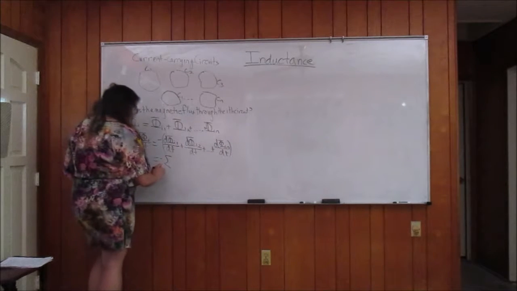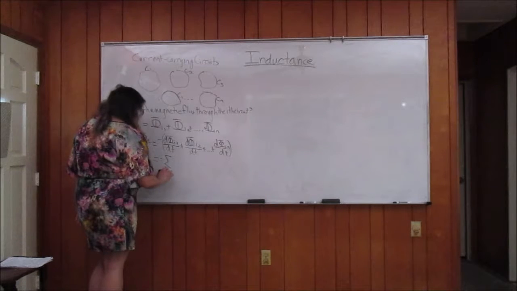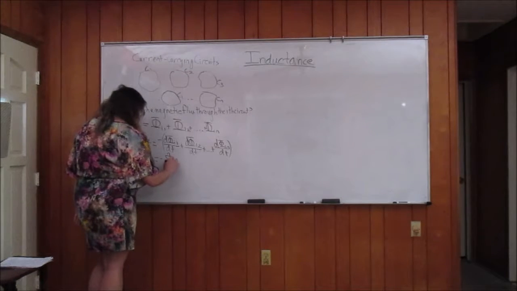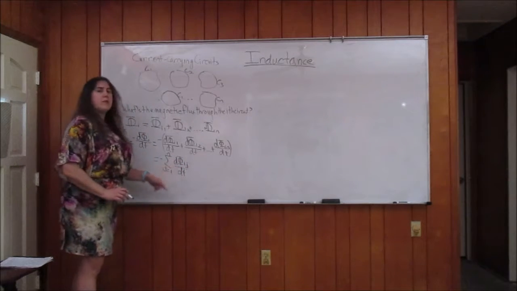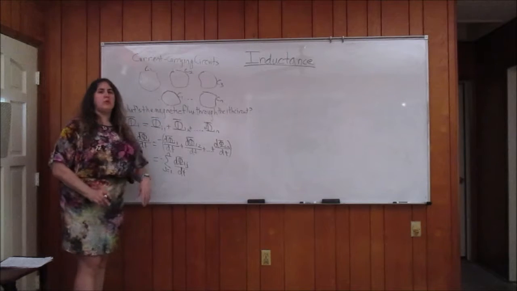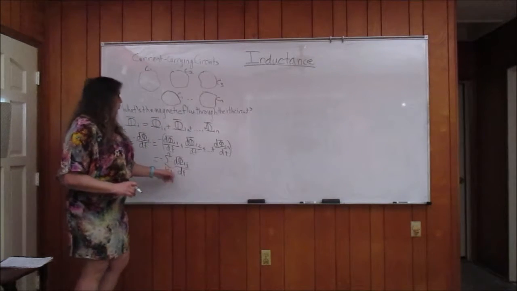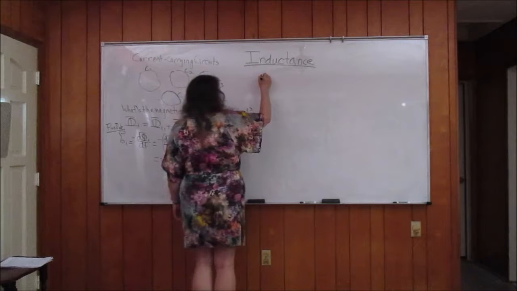Minus summation from j equals 1 to n of the time derivative of the magnetic flux through the ith loop due to the jth circuit. We're going to look at this term more closely.